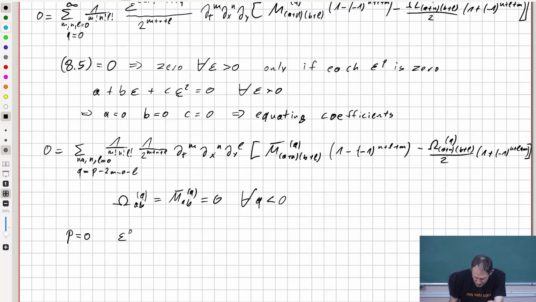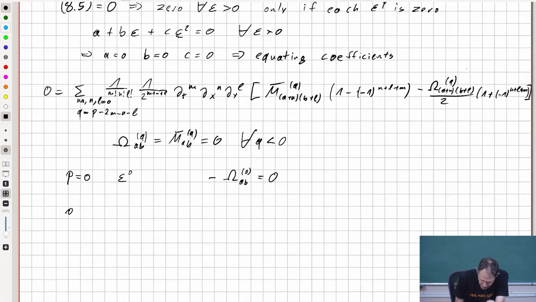So what comes out is we get minus omega AB to the order of 0 is 0. So this looks trivial, but it's very important. It means that whenever we have this collision moment to the order 0, we can replace it by 0, for any A and B.